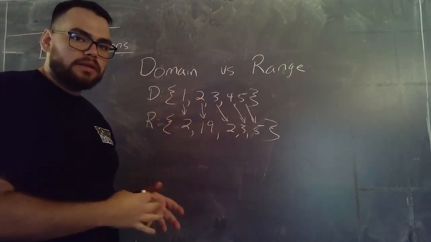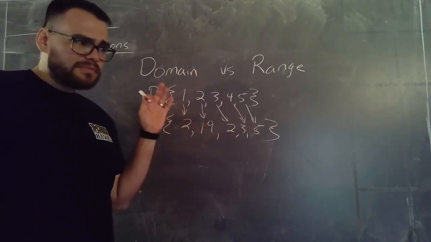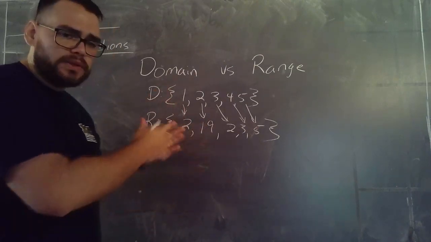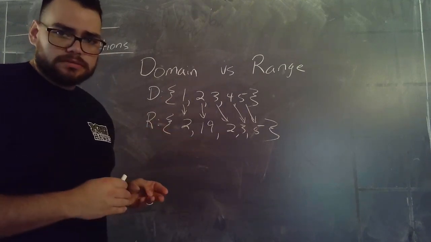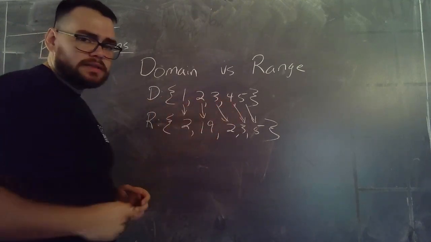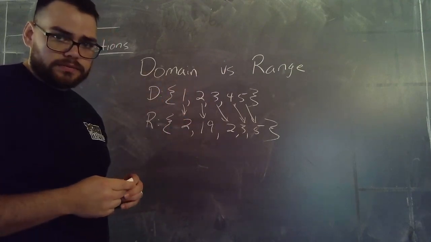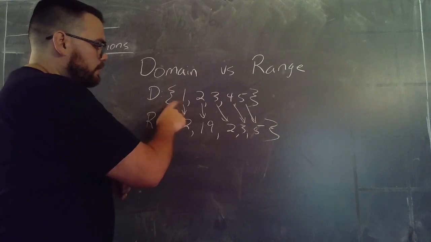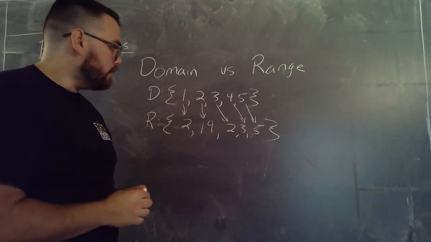They are uniquely mapped. So this particular set of numbers, if we put these into an ordered pair situation, this is a function because each of the sets of the domain map to one part of the range. There's no part of the domain that has 2 arrows going off of it. That's what that looks like.